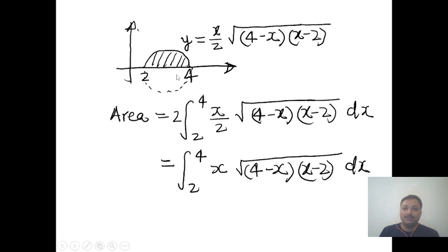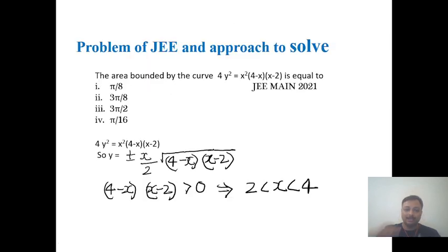Now as you can understand, y is equal to plus minus x by 2 times the square root of (4 minus x)(x minus 2).